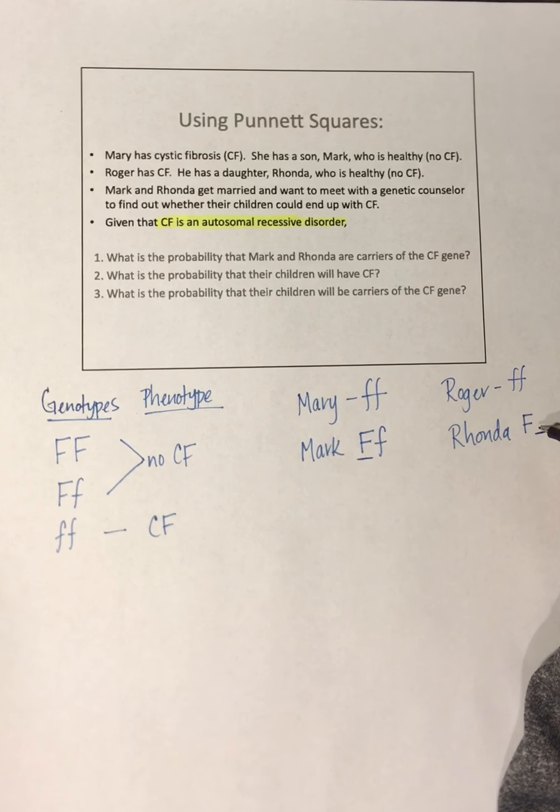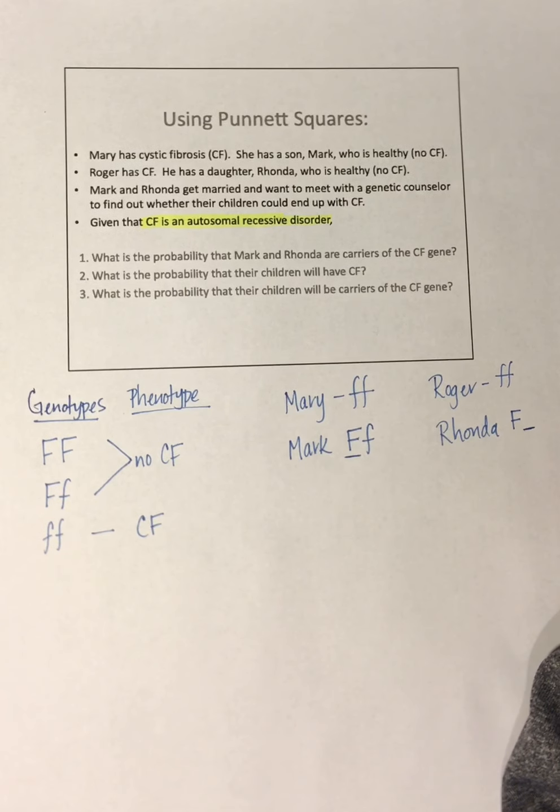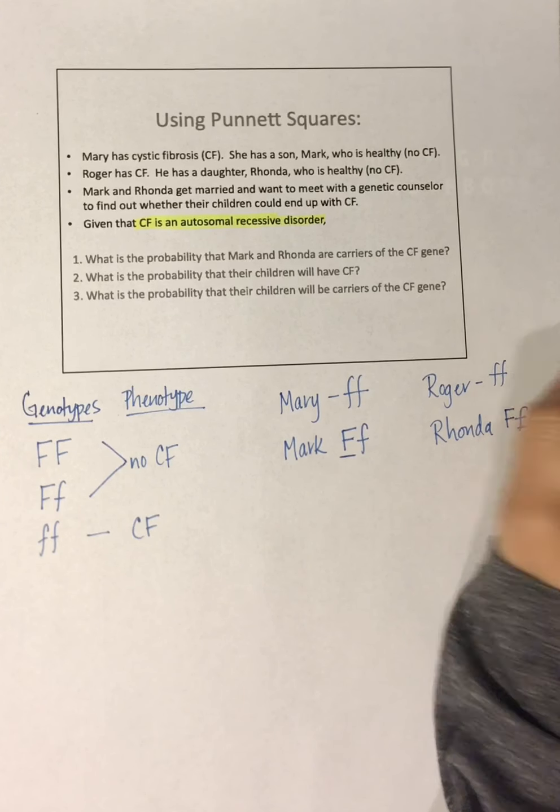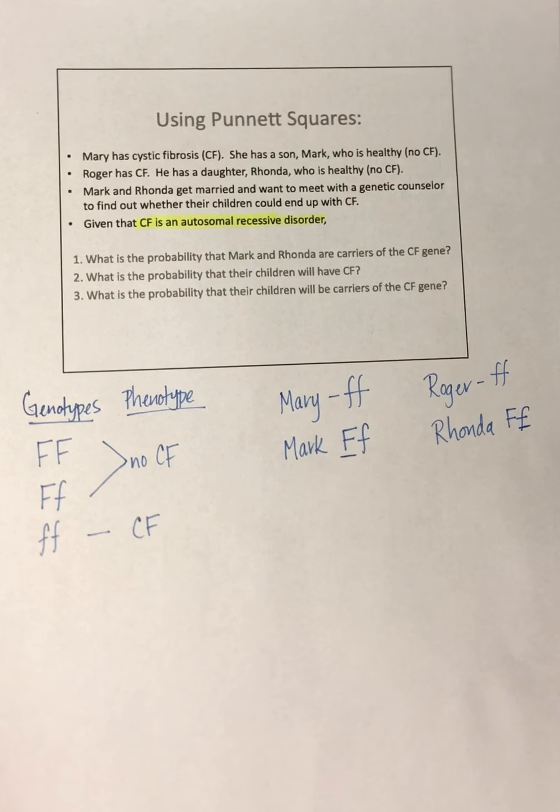Now Rhonda is the same thing. We know she does not have cystic fibrosis, so we know that she inherited a dominant allele, and it must have been from her mother because her father, Roger, is homozygote recessive. So Rhonda must also be a heterozygote like Mark.